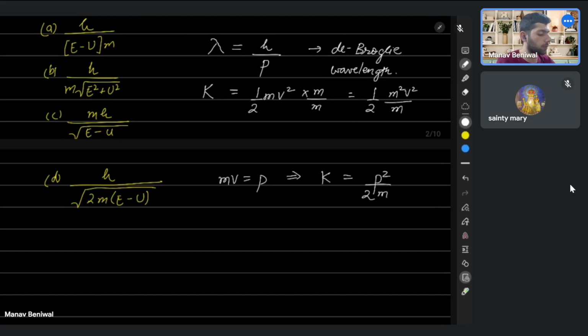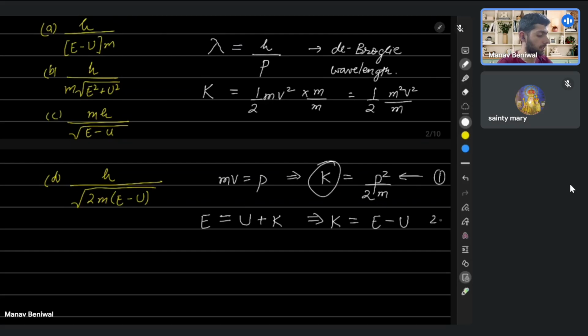Now we just need to find our kinetic energy. Once we get the kinetic energy, we will get our momentum. Total energy is given to be E and potential energy is given to be U. We know that total energy is the sum of kinetic plus potential. So kinetic energy will be E minus U.